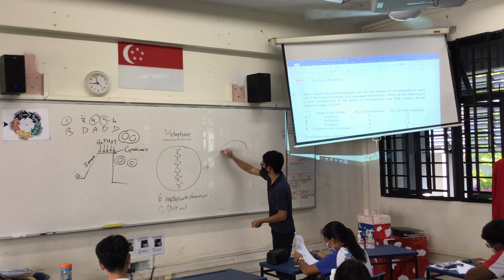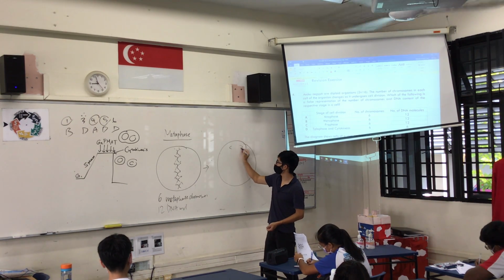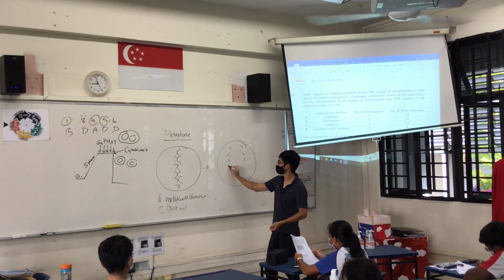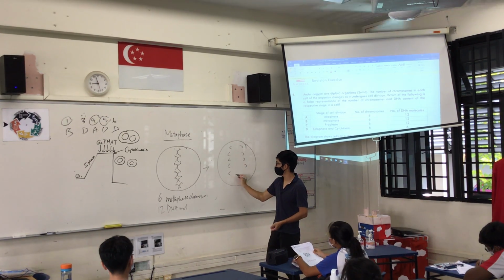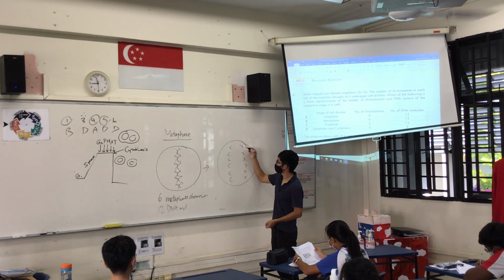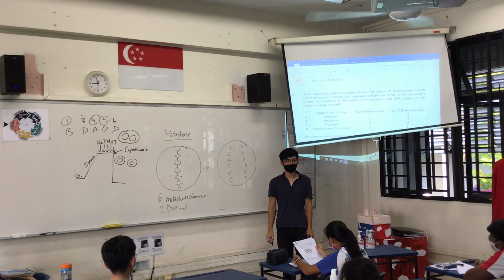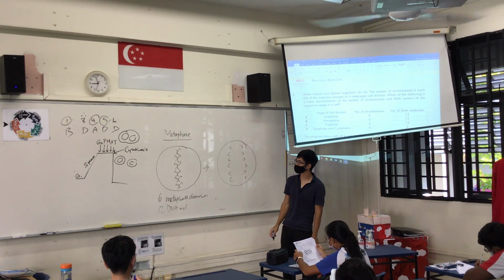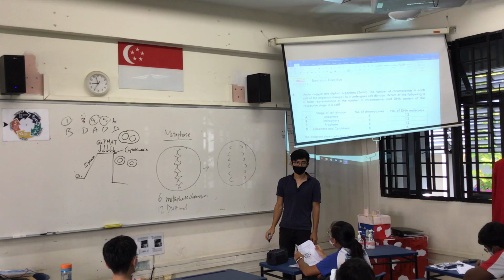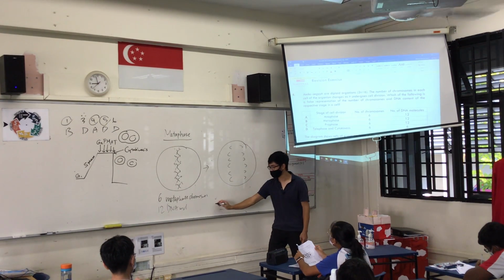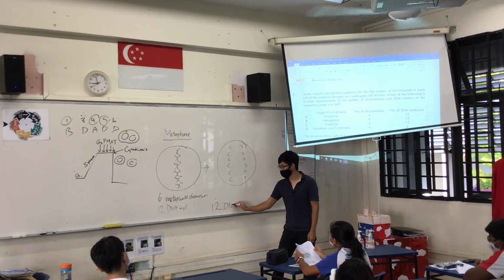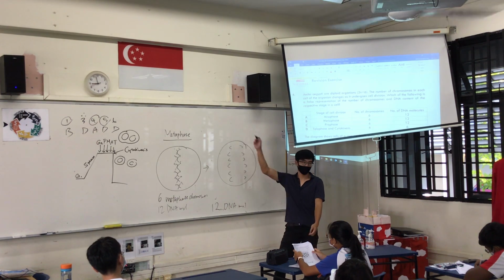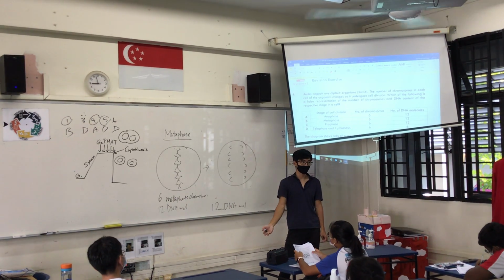When we go into anaphase, each one will separate, 1, 2, 3, 4, 5, 6. How many DNA molecules are there now? Correct, it's still 12 DNA molecules. Same number, no difference.